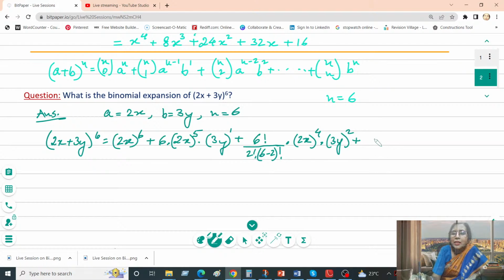Next it will be 6C3, 6 factorial over 3 factorial and (6 minus 3) factorial, (2x) to the power of 3 and (3y) to the power of 3.